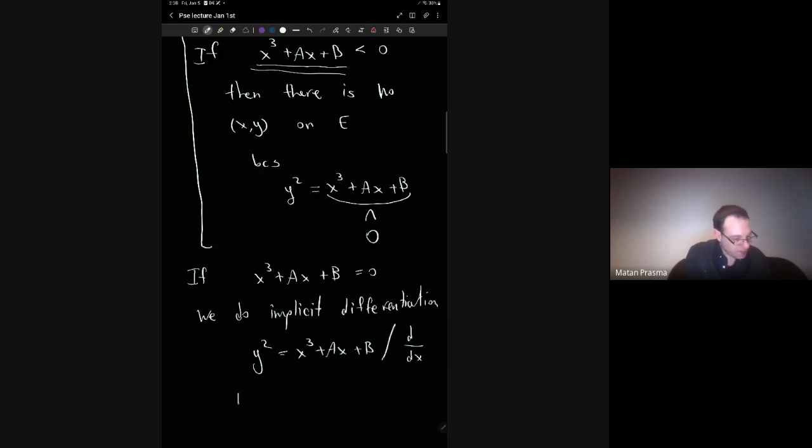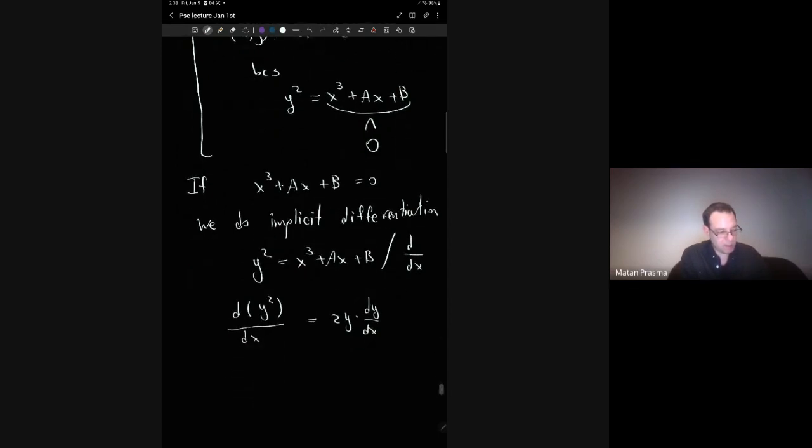And what we get is d(y squared)/dx equals, here you do 2y times dy/dx. And of course, if you do d of x cubed plus ax plus b with respect to x, then you get 3x squared plus a.